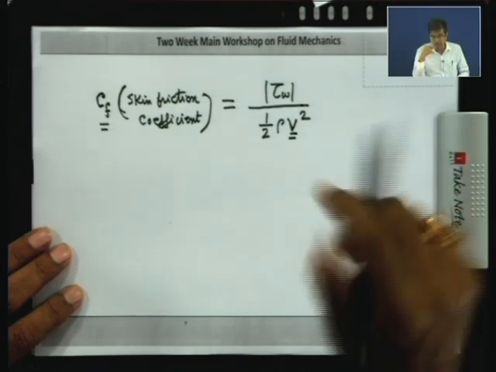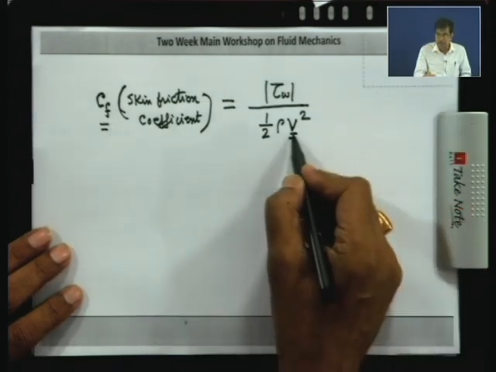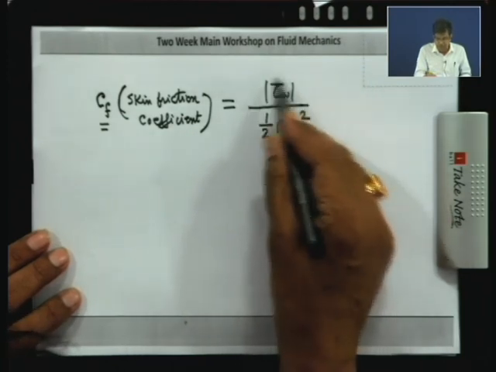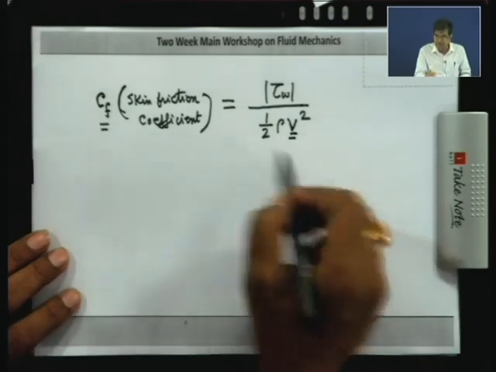And for external flows, this velocity is taken to be the free stream velocity. So, therefore, this definition of skin friction coefficient is there for both external and internal flows.